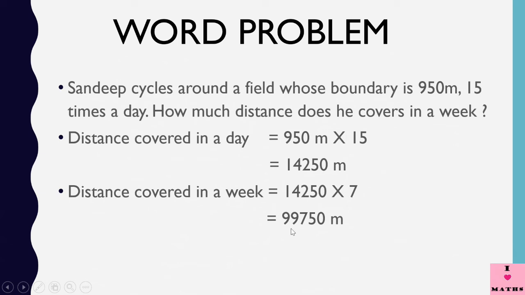And the trick is that the last three digits will be meters, and whatever is left, the number formed by that will be kilometers. So let's see that. So this is 99 kilometer 750 meters. So children, in a week he covers slightly less than 100 kilometer. Oh my God, this guy Sandeep is really a fitness freak.